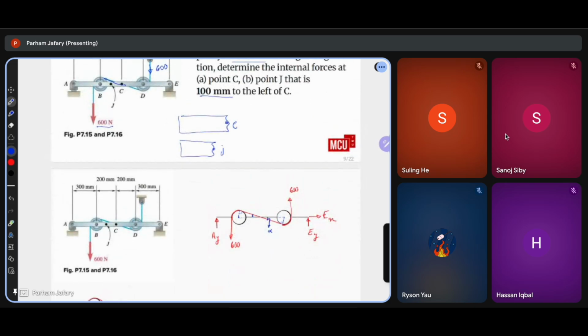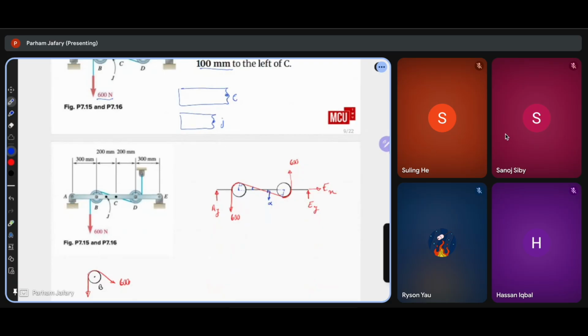So if I draw the free body diagram of our system and replace the supports with the reactions: at A, we have a roller support, therefore we only have a reaction in the Y direction. And at E, we have a pin support, therefore we have Ex and Ey reactions. And then we have the cable going through the pulleys.